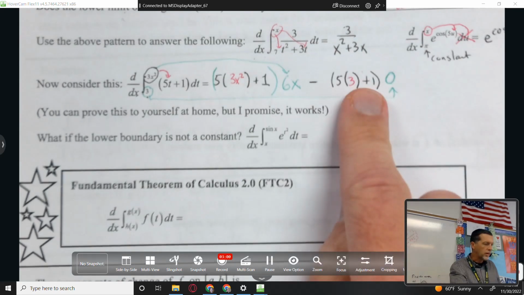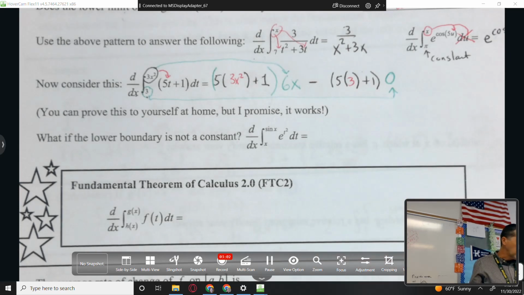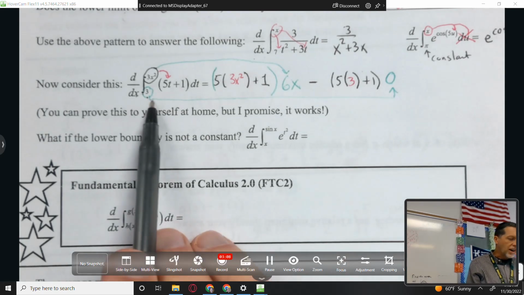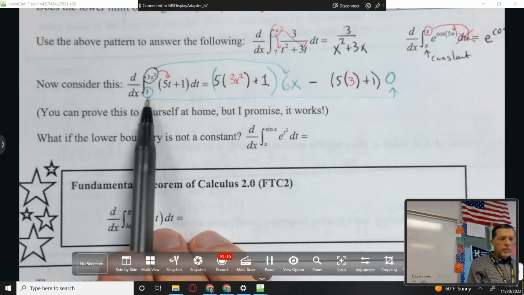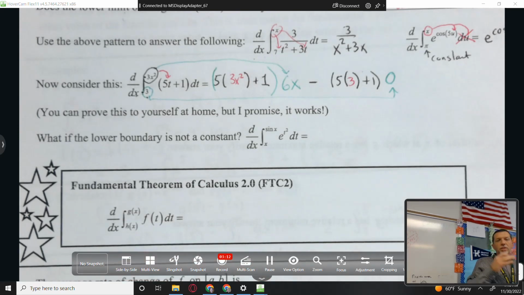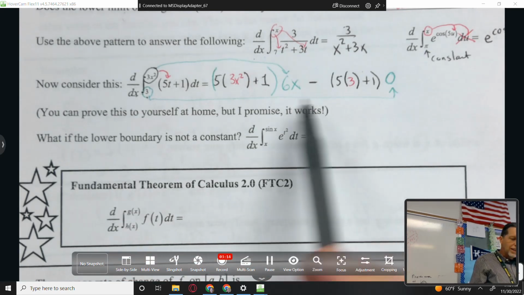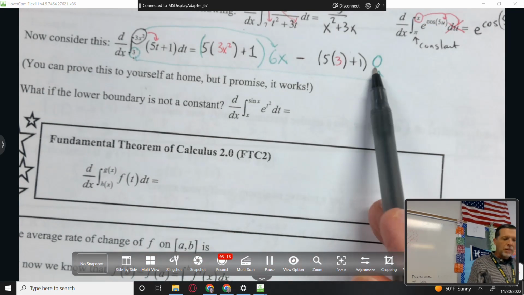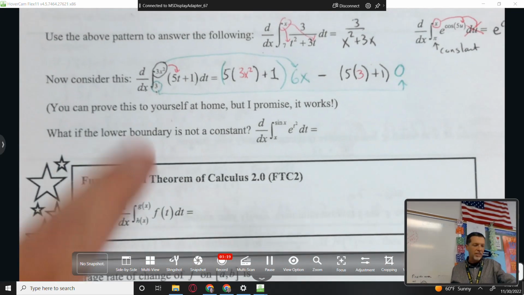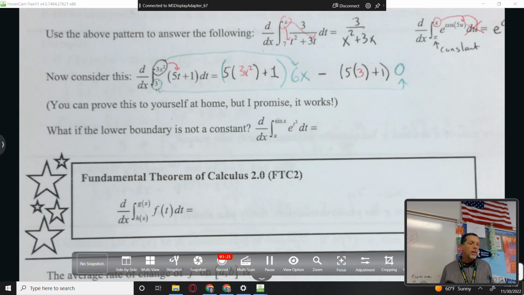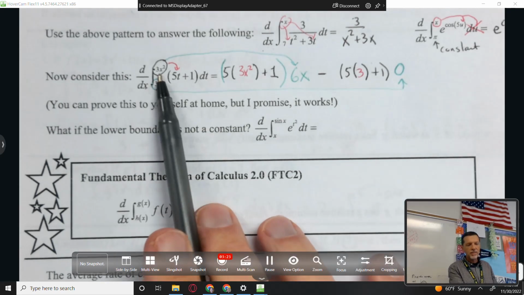That whole chunk of stuff goes away. If it's a constant, it doesn't matter. But if you want to just memorize the overall rule, then plug in the bottom one and multiply by the derivative of the bottom one. And if it's a constant, it goes away. Same thing for the top one. If the top one is a constant, it would go away.